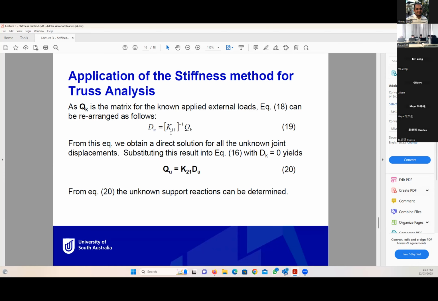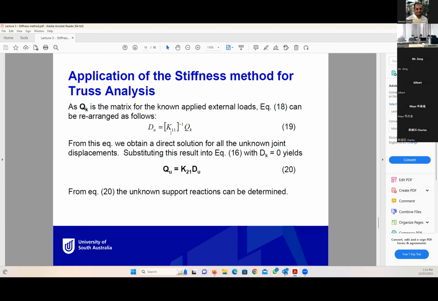Since Qn equals negative Qf, because they are in opposite directions, in a truss the forces should be in equilibrium. If one is positive, the other will be negative. If one is negative, the other will be positive. So for equilibrium, Qn is equal to negative Qf.